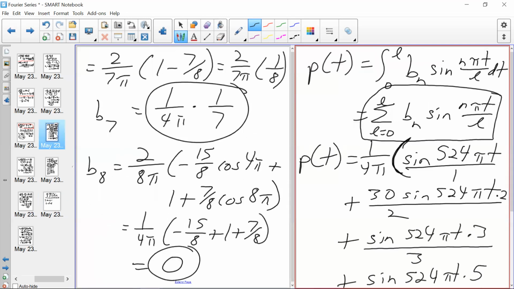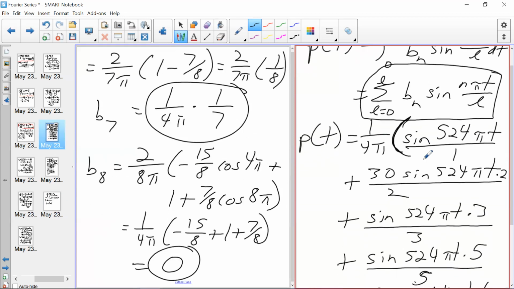So let's go back to these guys and take a look. The amplitude is going to be the number in front of the sine function. That's all it is. So the b sub n's are made up of the amplitudes plus this factor. So this is 1. This will be 15. This will be 1/3, because remember, we have to take into account the number in the denominator. So this is 1/3, 1/5.